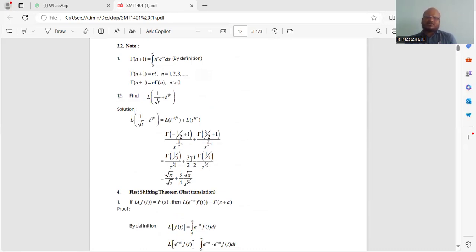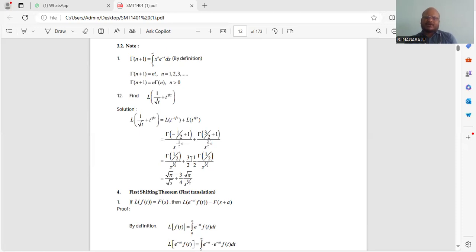So gamma of minus 1 by 2 plus 1 by s power minus 1 by 2 plus 1, plus gamma of 3 by 2 plus 1 by s power 3 by 2 plus 1. So you can apply that one: gamma of 1 by 2 by s power 1 by 2, plus 3 by 2 of gamma of 1 by 2 by s power 5 by 2. So gamma of 1 by 2 we know is root pi.